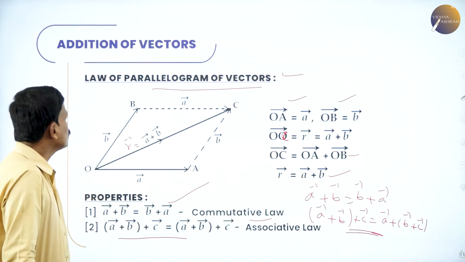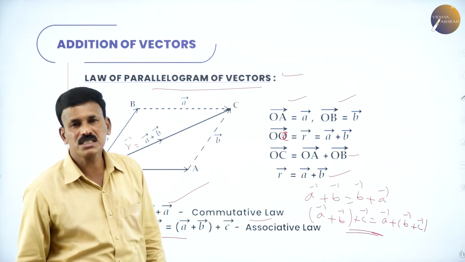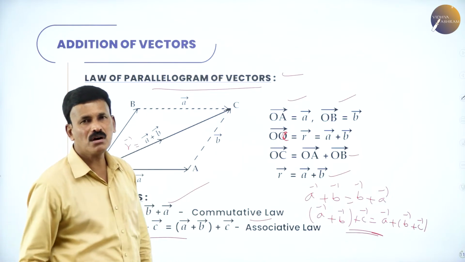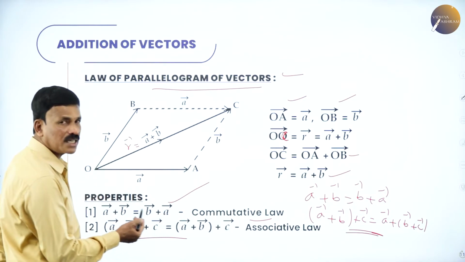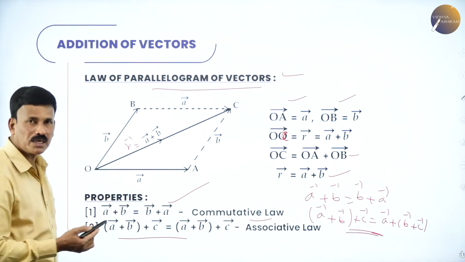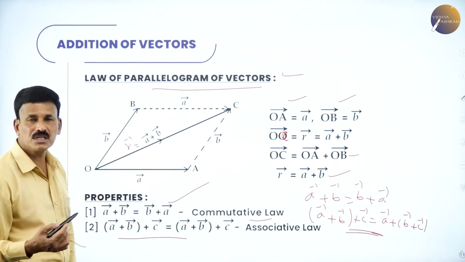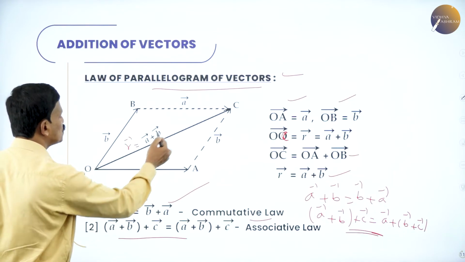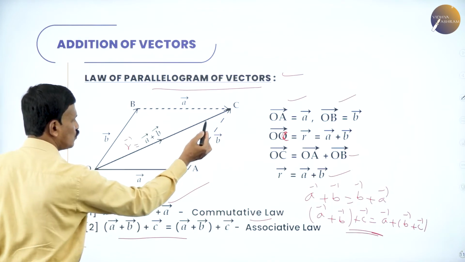So this is known as the law of parallelogram of vectors, that is, addition of vectors can be done by a well-known law, called the law of parallelogram of forces. Suppose two vectors are acting along the adjacent sides of a parallelogram, OA and OB, then the diagonal passing through will give the resultant of these two vectors, vector A plus vector B is equal to vector R, vector OA plus OB is equal to vector OC.